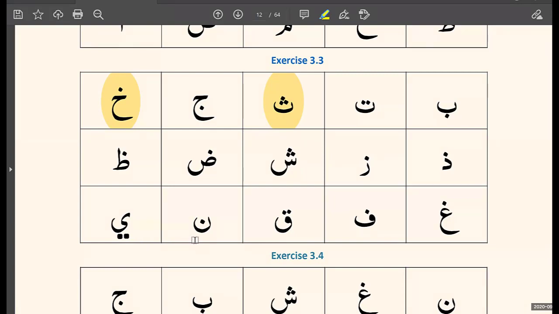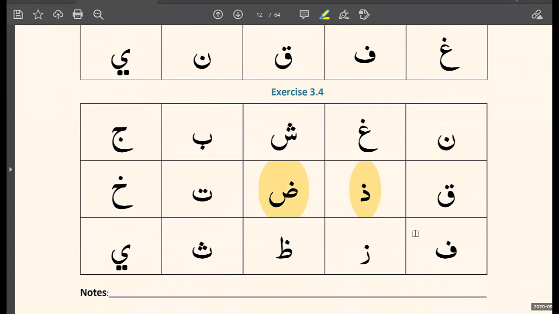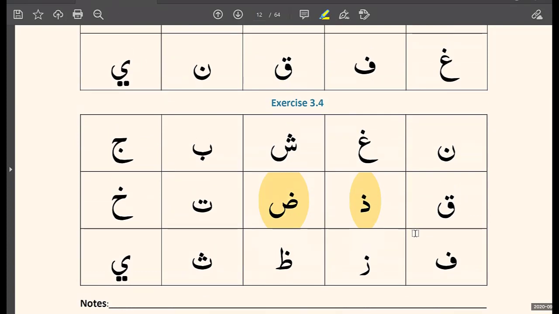Noon, thin letter. Qaf, thick letter. Well done. Fa, thin letter. Well done. Ghain, thick letter. Excellent. You passed the test, mashallah. Good. Now we can have another person, please.